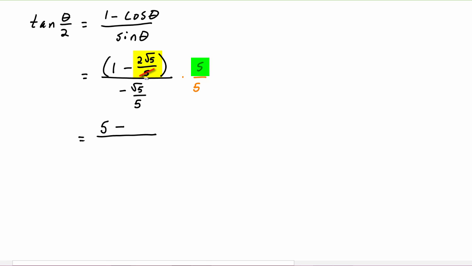Well, of course, the 5 in the denominator here will cancel with the 5 in the numerator here, and we get 2 radical 5. In the denominator, when we multiply, the 5 here will cancel with the 5 here, and we have negative radical 5.